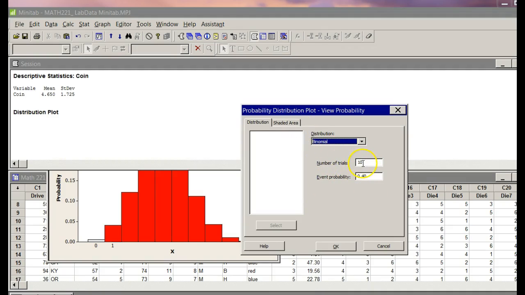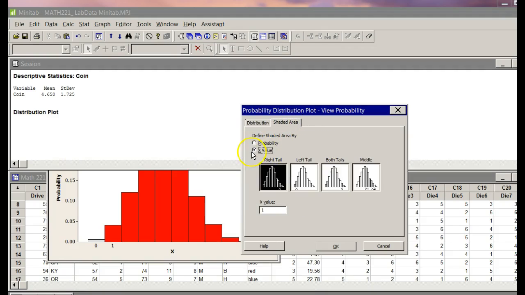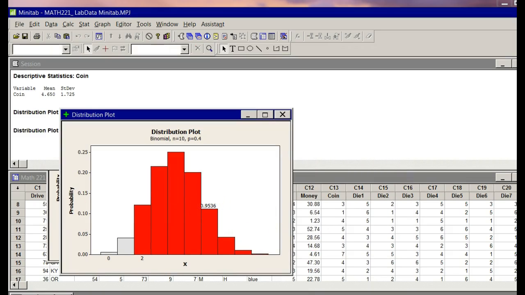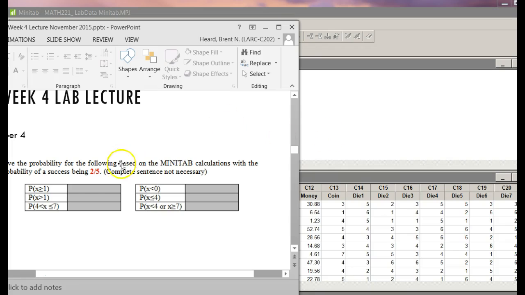These remain the same because I just input that. Shaded Area tab. X value, right tail, but instead of 1, I'm going to put in 2, because greater than 1 is not greater than or equal to 1. So I input a 2, boom, 0.9536. So I would input that right there for x is greater than 1, 0.9536.